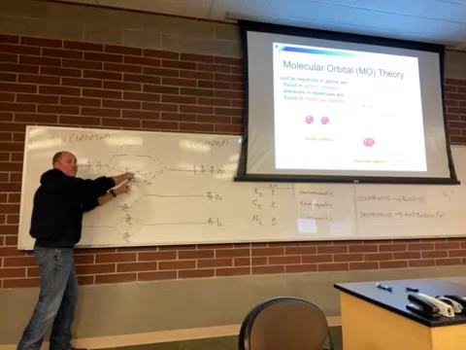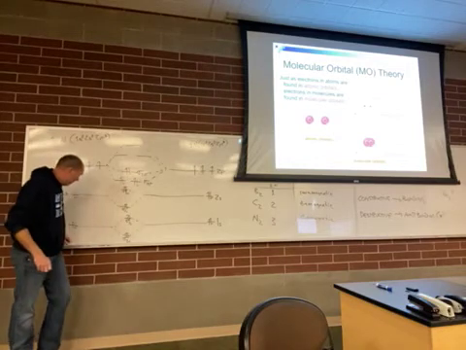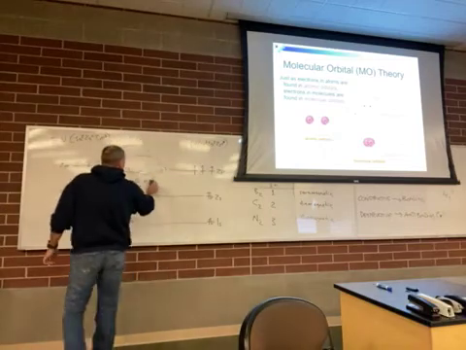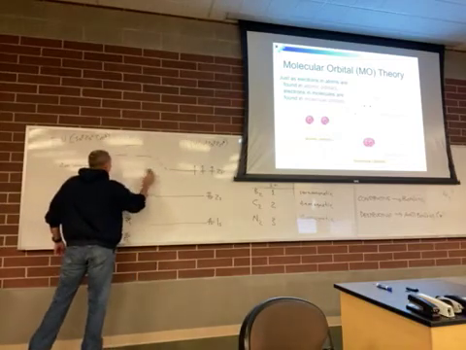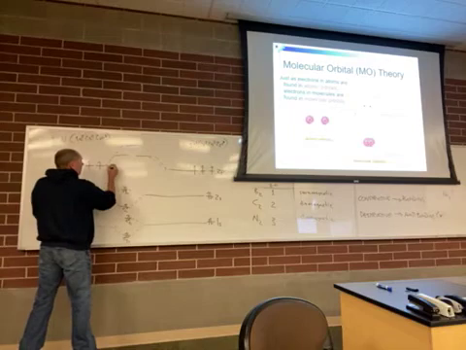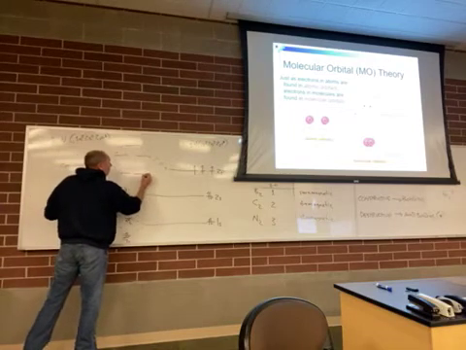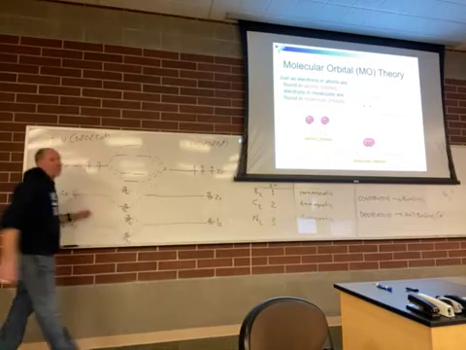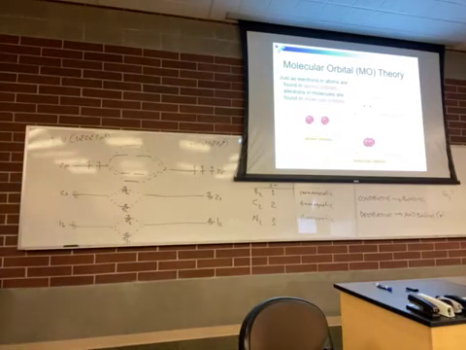That's why the smudge is there. Because oxygen doesn't look like this. Oxygen looks like this. At the smudge, it flips.